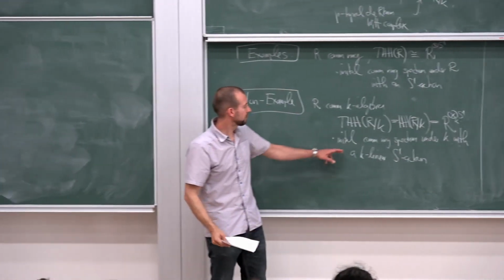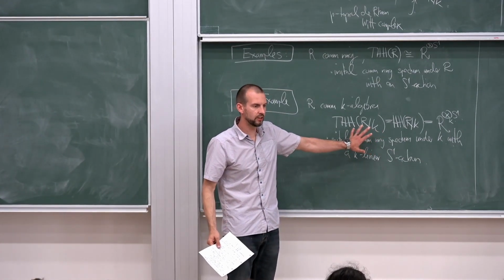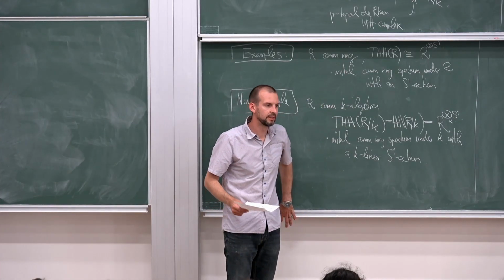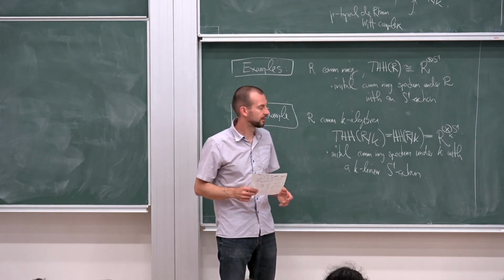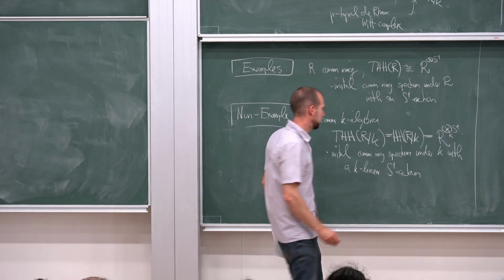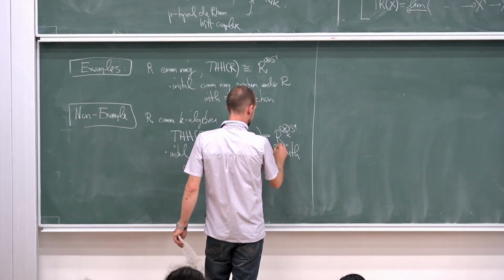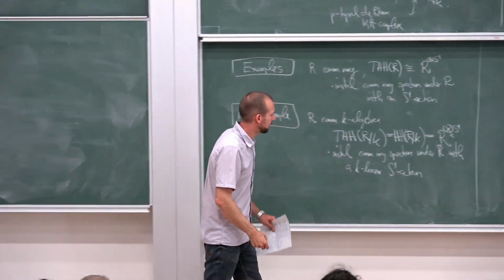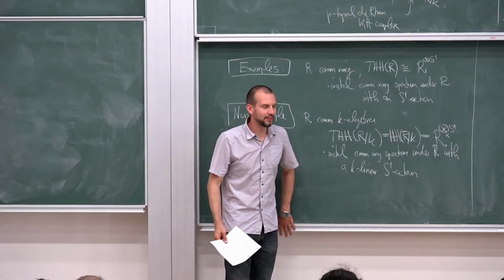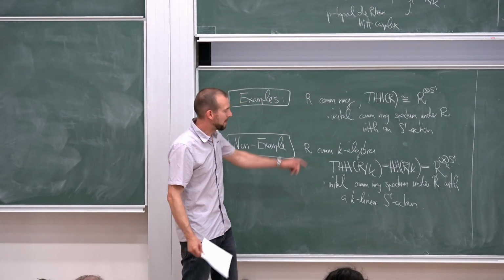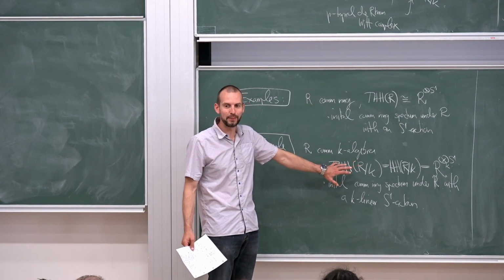Right, so the only difference is that here I'm forcing my S1 action to be K-linear, where here I don't. And it should be under R. Under R, thank you. Yeah, I never know whether to say under or over. It's a confusing thing in algebra. With a map from R. Let me say it like that.